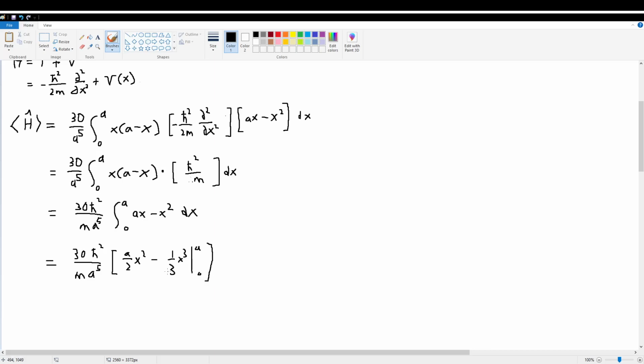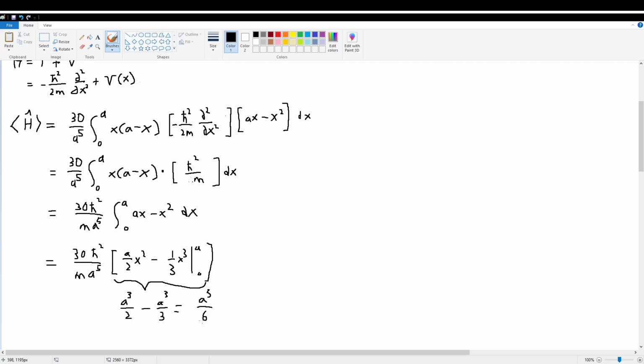So that means we just replace all of the x's with a's, and we have this term going to a cubed over 2 minus a cubed over 3, which gives us a cubed over 6, I believe. Because that's 3a cubed minus 2a cubed. That's 1a cubed and 6 on the bottom.